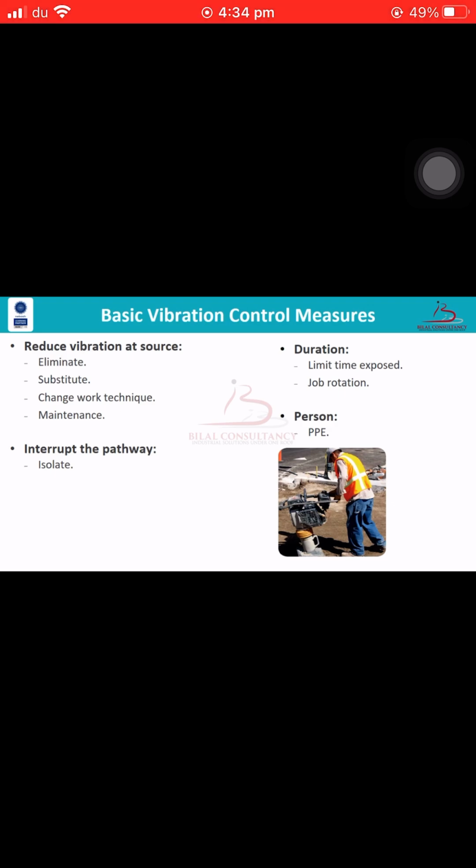For example, we can develop a work rotation approach, and we can also reduce vibration exposure by giving awareness to the employees and by reducing their working hours. And the last one is PPE, as we know this is the last line of defense. If your engineering controls and all administrative controls fail, in the end we have to use PPE.